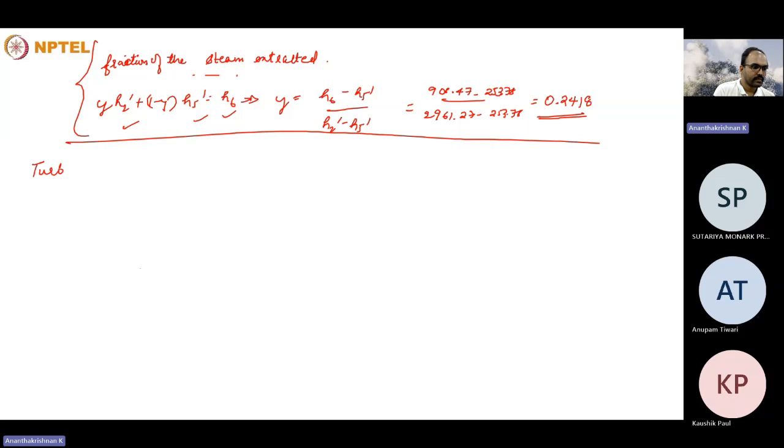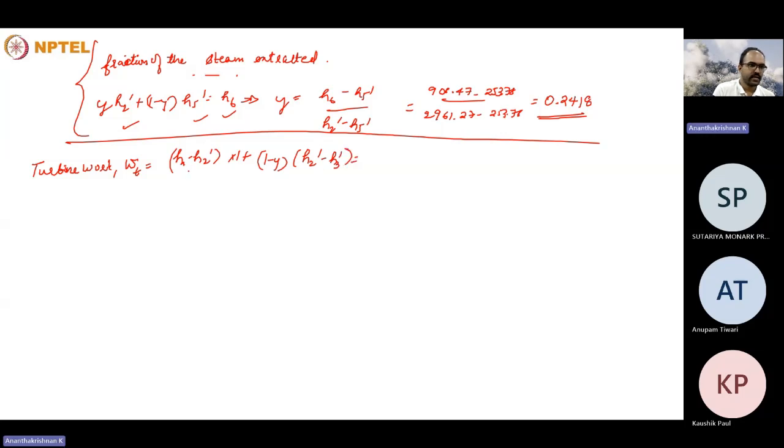So the turbine work could be written as h1 minus h2 dash multiplied by 1, plus 1 minus y into h2 dash minus h3 dash.